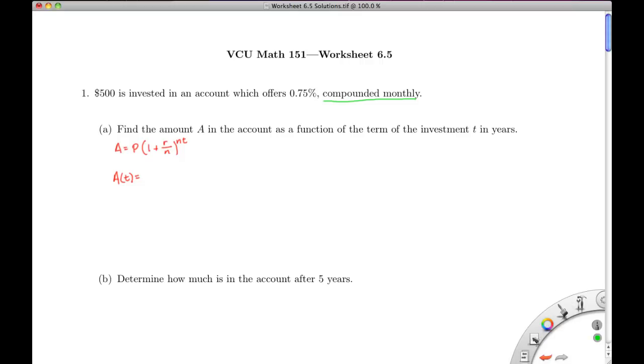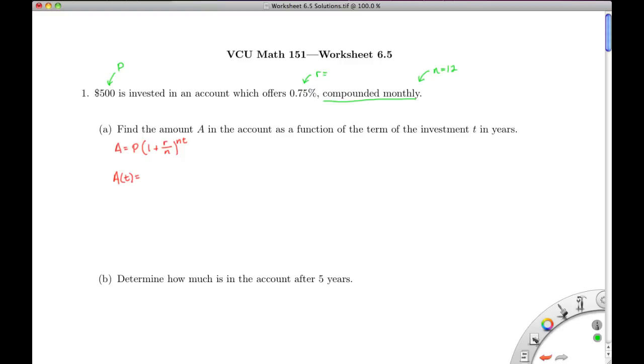The initial investment is our principal. So this $500, that's going to be our P. The fact that it's compounded monthly tells us N, the number of times that we're going to compound this in a year. So N equals 12. And now this is where we look for our interest rate. Our interest rate is always going to be expressed in decimal form, not as a percent.